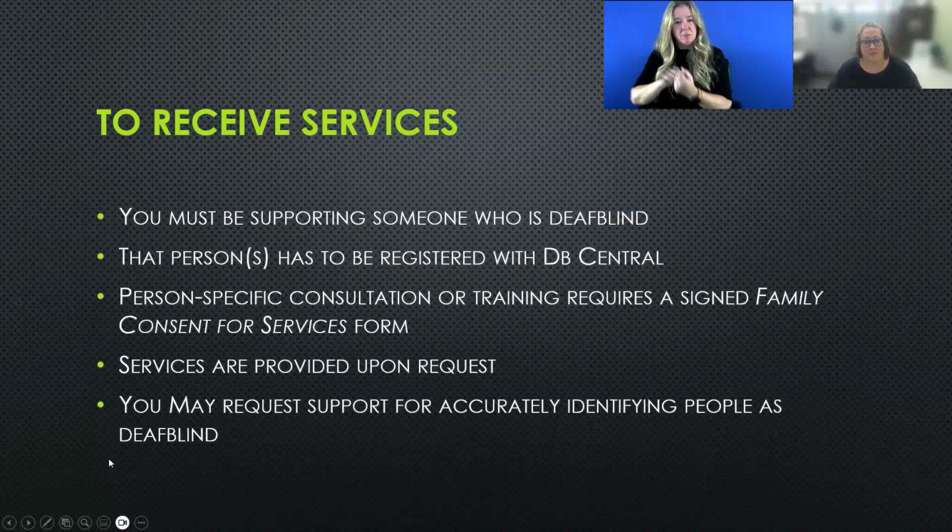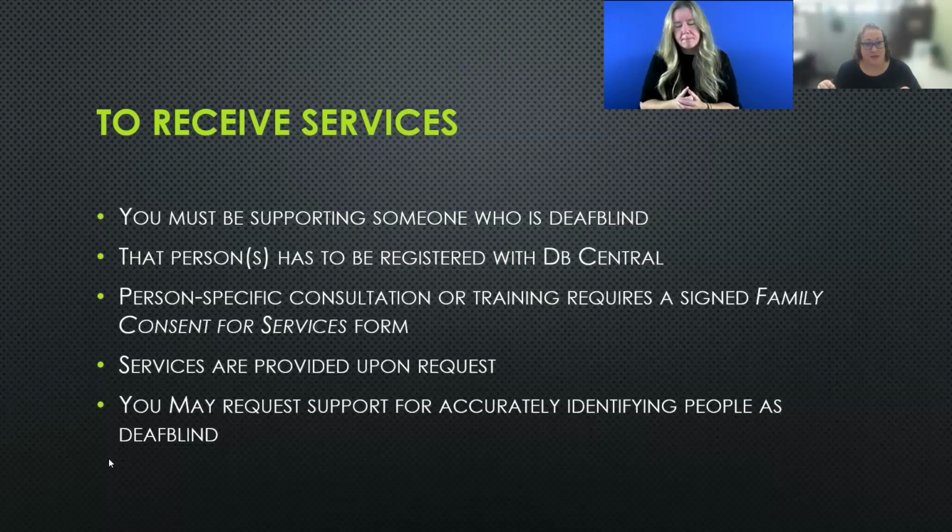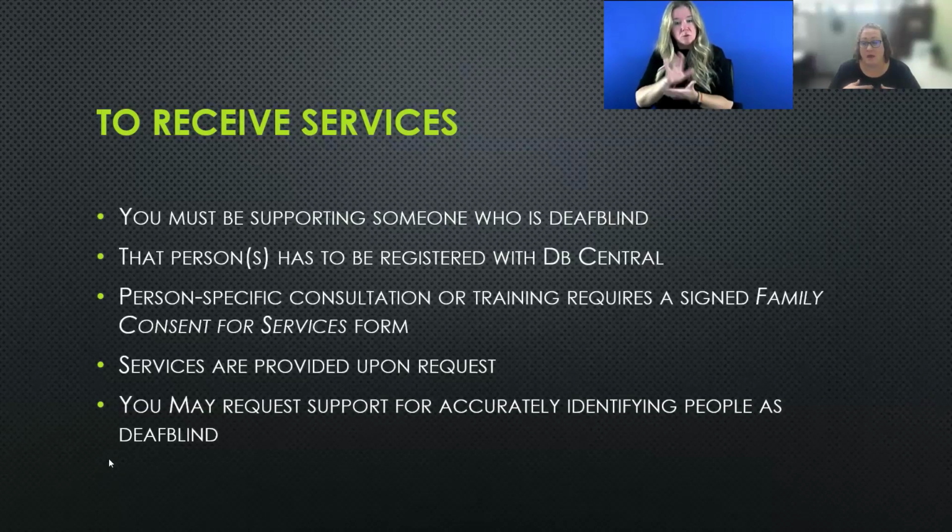But one thing I really like to emphasize is when we're conducting the census, we always hear people say, but what do I get from DB Central? And the reality is we can do a whole range of things to support you, from those student-specific observations to offering mini grants so you can get some funding to buy some tools that will help you support your students.